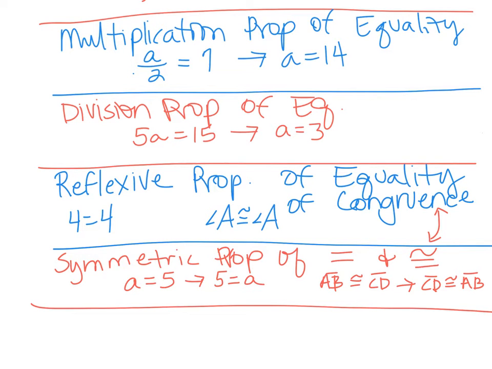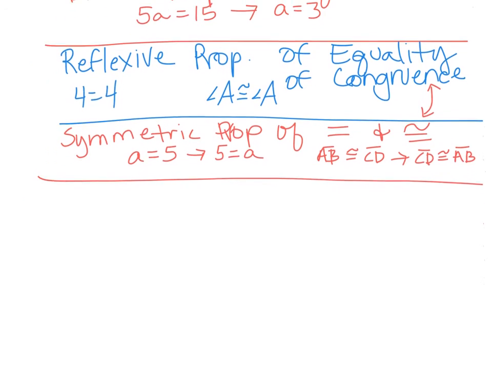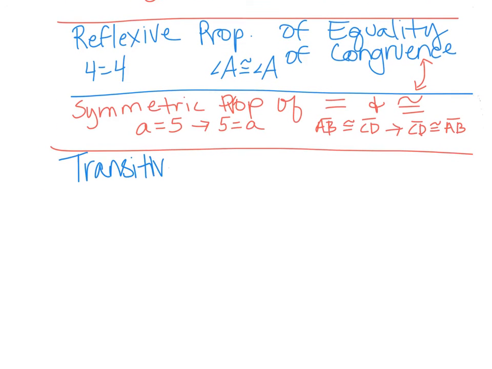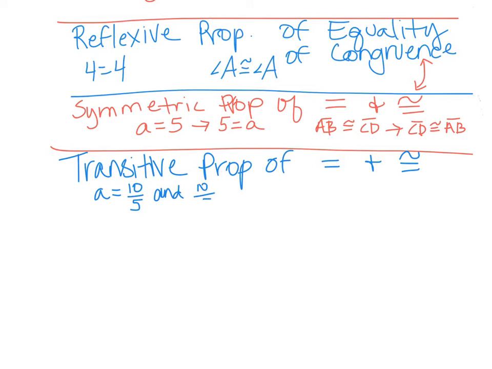All right, the transitive property of equality and congruence. If A is equal to 10/5 and 10/5 is equal to 2, then A equals 2.